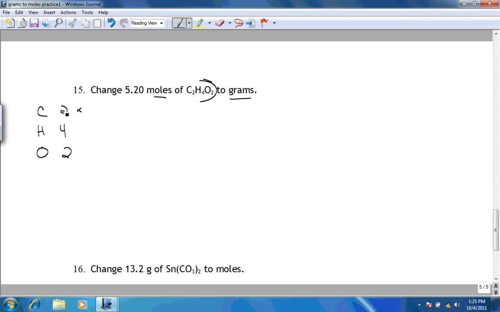Alright, so we have 2 carbons, which when we look on the periodic table is 12.01. So it's going to be 2 times 12.01, which comes out to be 24.02. Look on the periodic table for hydrogen, and it's 1.01. So 4 times 1.01 is 4.04. And then oxygen is 16.00, so it's 2 times 16.00.